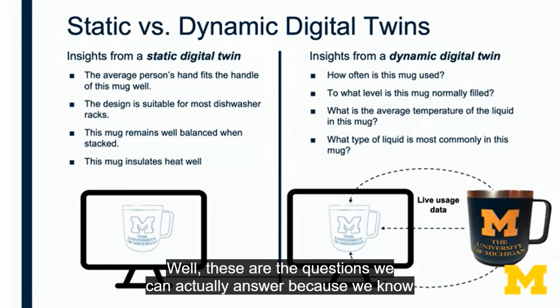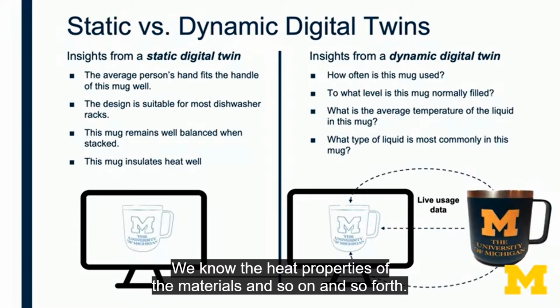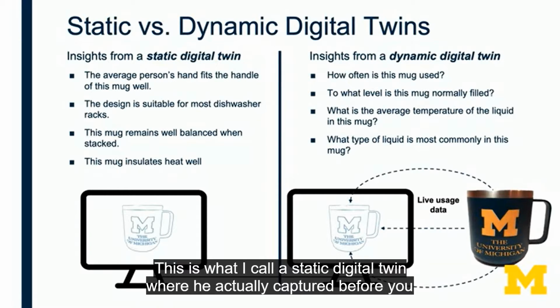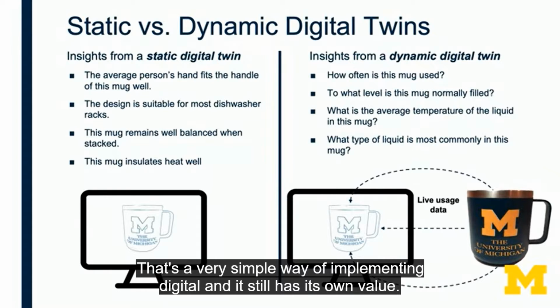These are questions we can answer because we have digitized it: we know the kind of material used, we know the heat properties of the materials, and so on. This is what I call a static digital twin, where before you started manufacturing, you captured the full design information in digital format. That's a very simple way of implementing a digital twin. It still has its own value.